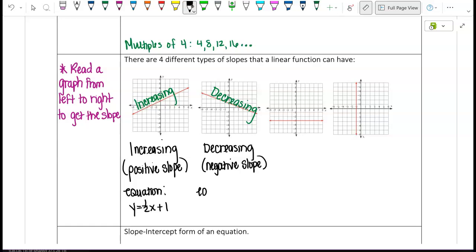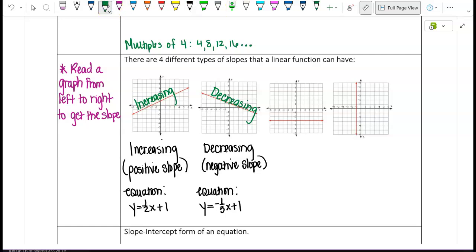And again, I don't expect you to know how to find this equation yet. The equation of this particular line would be y equals negative 1/3 x plus 1. And you'll learn in a minute why I'm putting these equations here, because there's something I want you to notice.